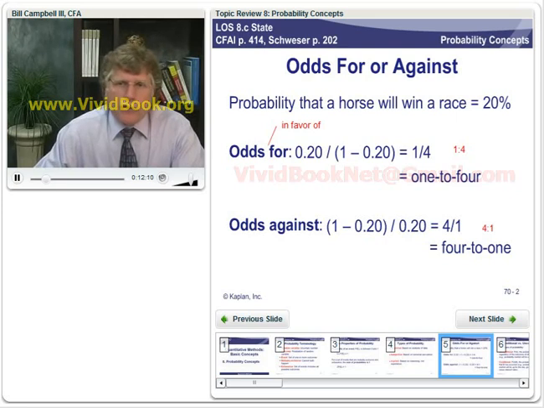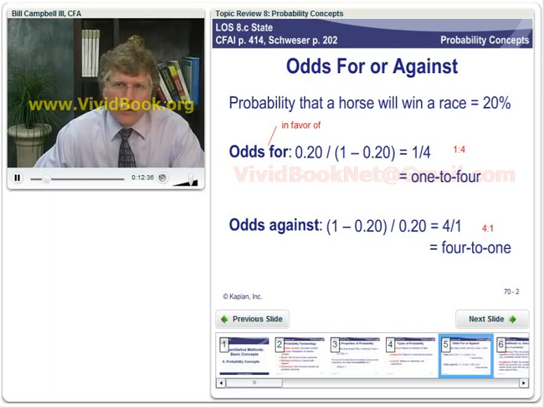These represent the odds of a fair bet. And bear in mind that when you are talking about a fair bet, odds are always the odds against this event happening. Make sure you understand that. So if our horse ran 5 races, we expect it to win 1 time and to lose 4 times.